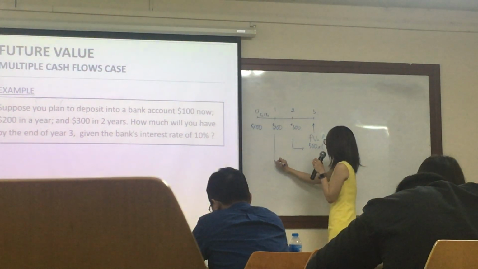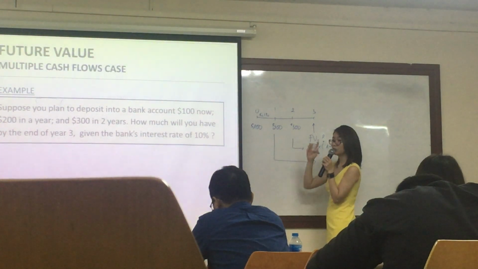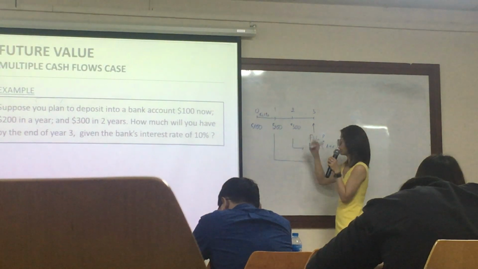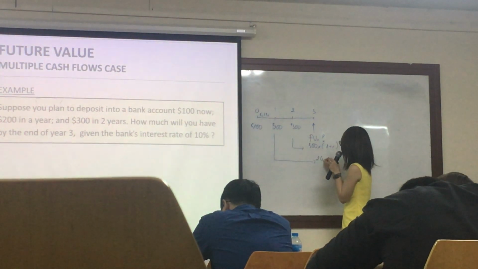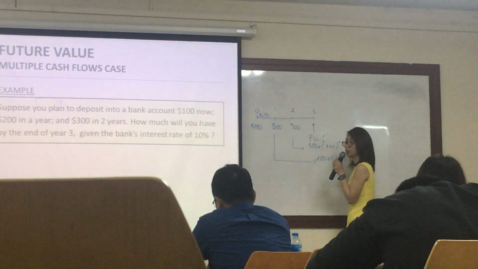But from year 1 to year 3, you earn interest for 2 years, already compounded at the end of year 2. So there will be 200 multiplied by (1 + r) to the power 2.